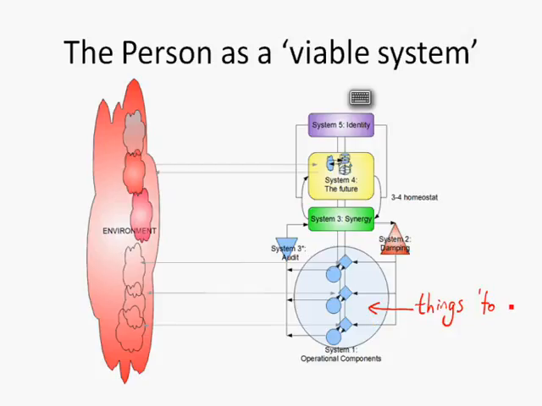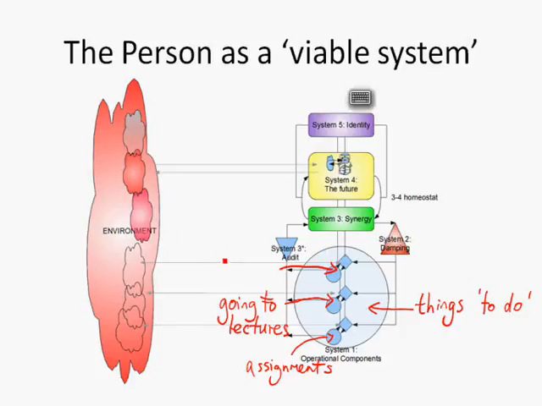In the bottom, the blue section with the big circle represents things that the person has to do, and that might mean assignments for a learner. A learner has to do assignments or exams. Or for example, they might have to go to lectures, and so they have to organise themselves to go to lectures.